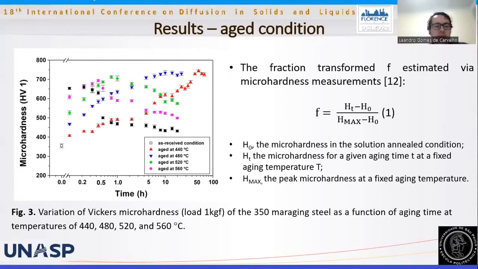H0 is the microhardness in the solution annealing condition. HT is the microhardness for a given age time at a fixed aging temperature T. H max is the peak microhardness at a fixed aging temperature.